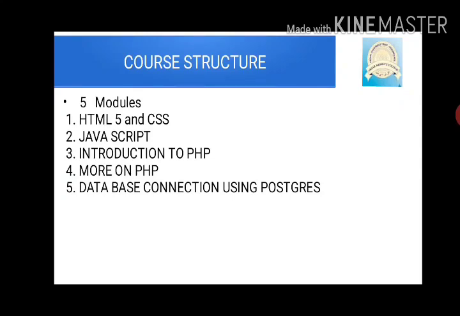The third, fourth, and fifth modules deal with PHP, a server-side scripting language used for web development. Here we use the Postgres database for data connectivity. I hope all are good in Postgres, right? Yes, because you studied it well in your fourth semester Database Management System.